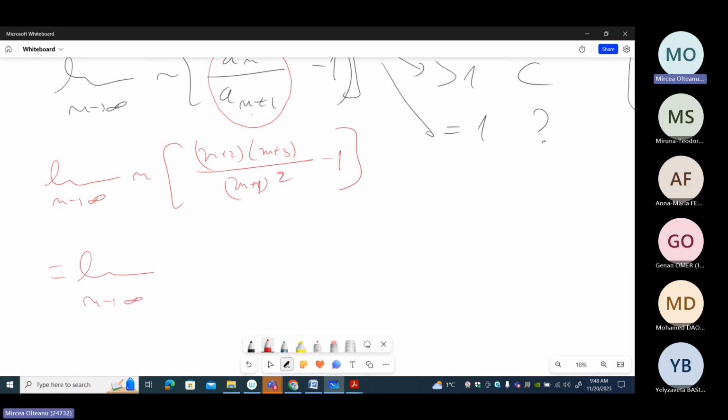At least in this case, it is very simple. Make the computations: 4n squared plus 10n plus 6, minus 4n squared, minus 4n, minus 1, over (2n plus 1) squared.